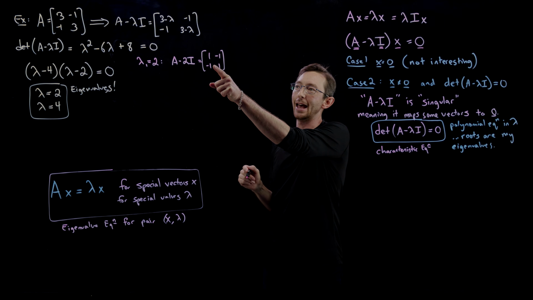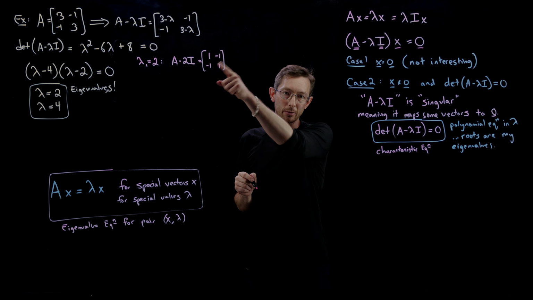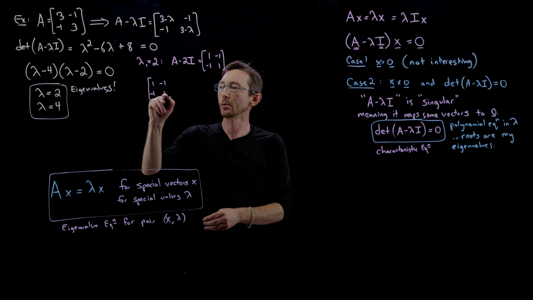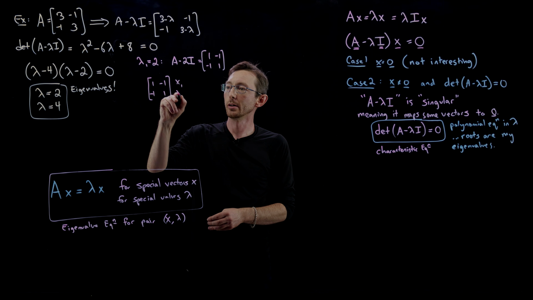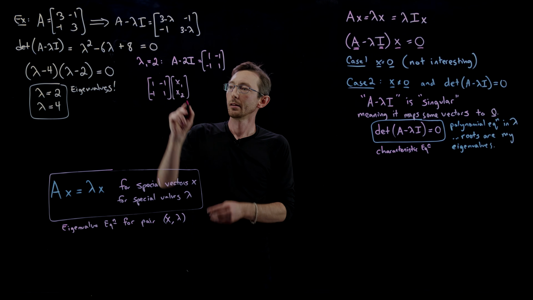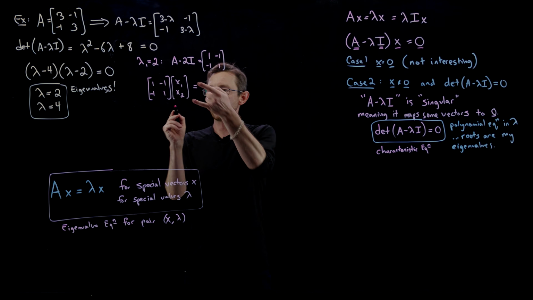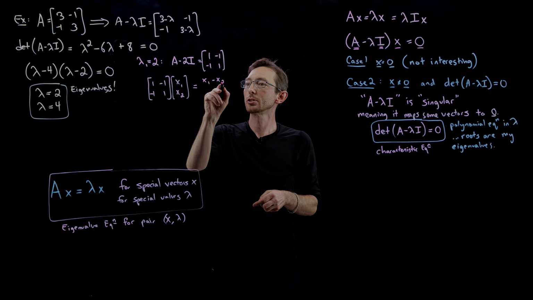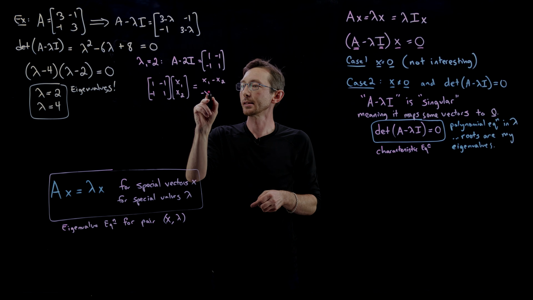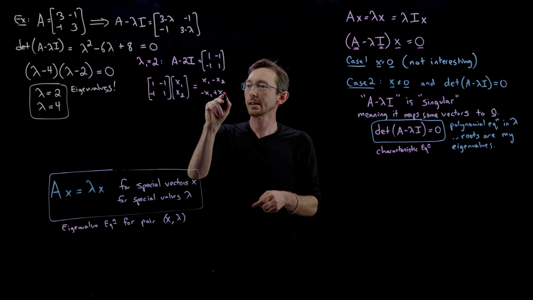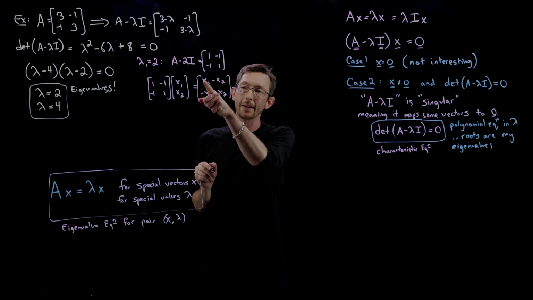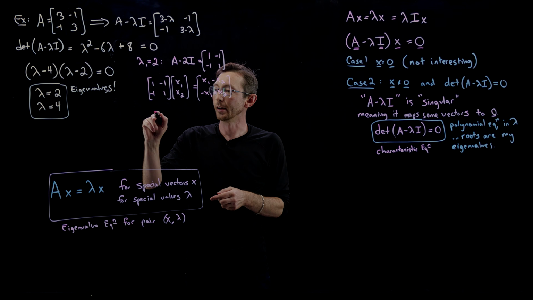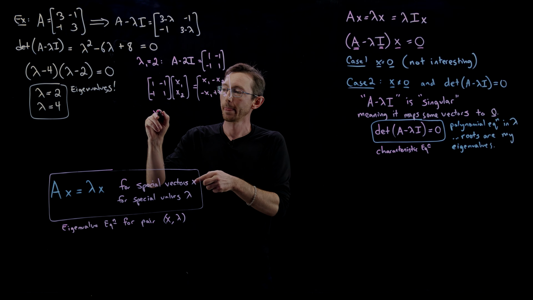And I'm trying to find the x vector that gets mapped to 0 through that mapping. So I have 1, minus 1, minus 1, 1 times x1, x2. Okay, that's going to equal x1 minus x2 and minus x1 plus x2, and clearly if x1 equals x2, both of these equal 0. So x1 equals x2.